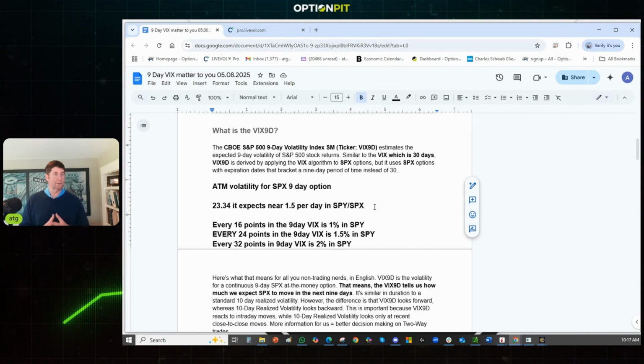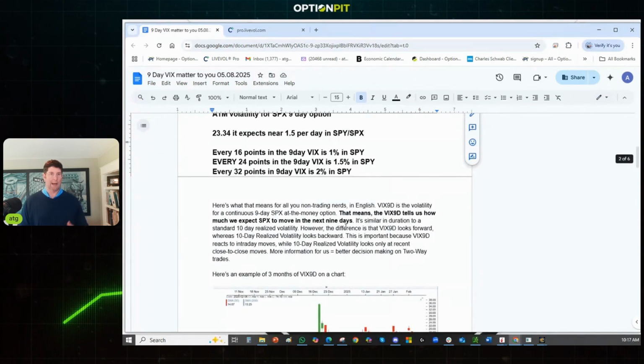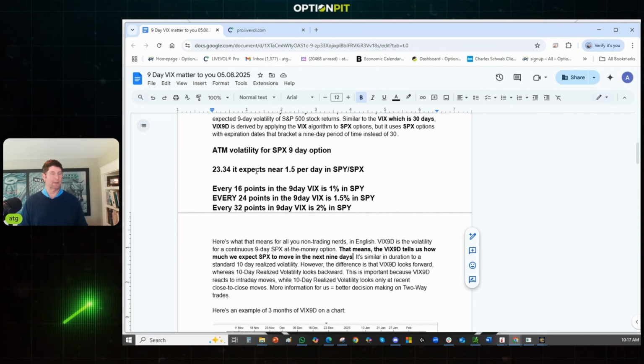So how I use this indicator is, since you have an idea of how much we expect, right? We haven't even gotten 1.5% in either direction, either up or down. So if you're putting on trades, you have an idea how much the market is going to move just by looking at the indicator.